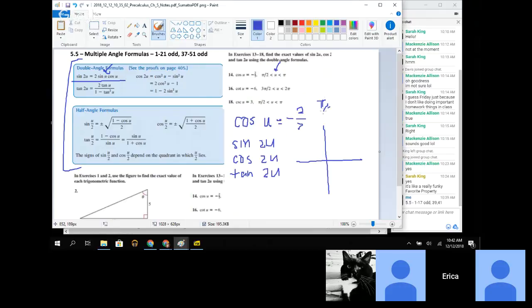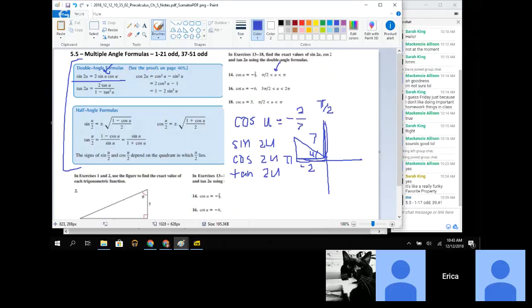If you remember your unit circle, you know that it's in your second quadrant. The cosine of u, think about SOHCAHTOA, is equal to your adjacent side over your hypotenuse.